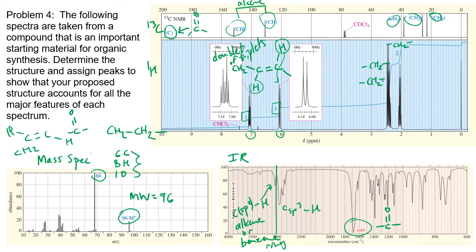All right, so when we put this all together, we have 6 times 12, which is 72, 8, and 1 oxygen is 16. So it looks to me like that is 96.